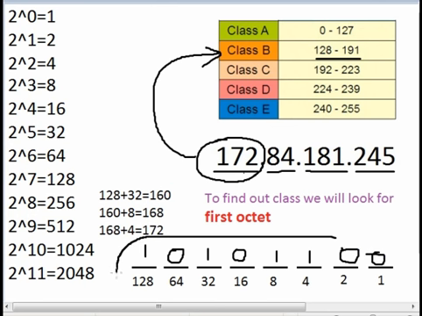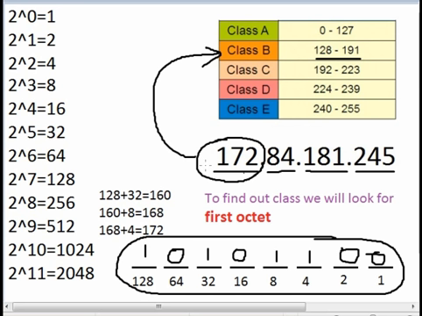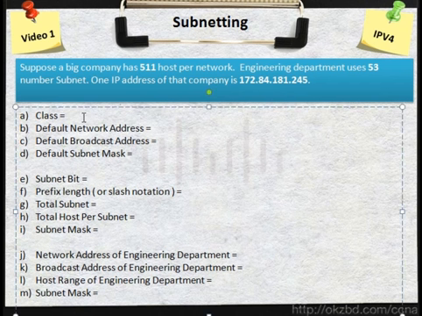This is actually 172, the first octet. Okay, now this is just the explanation. What is important is 172 means it belongs to class B, so our answer will be class B.